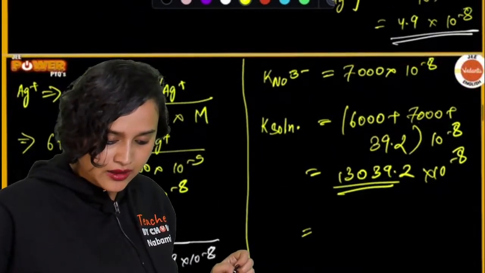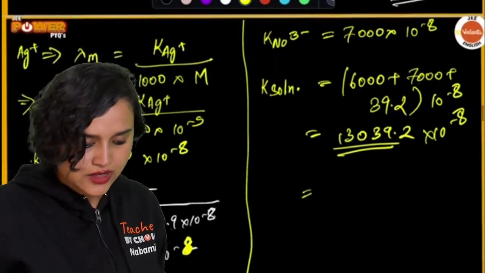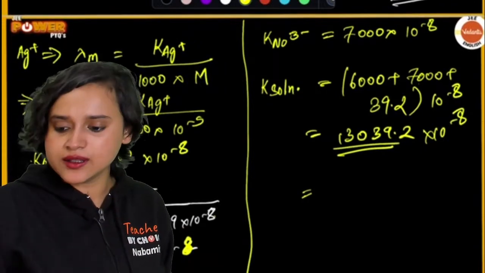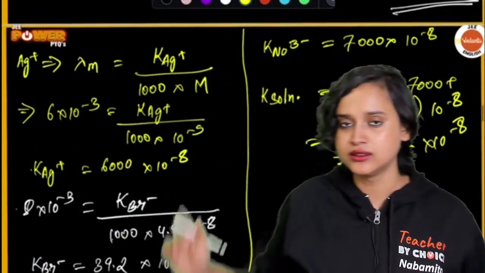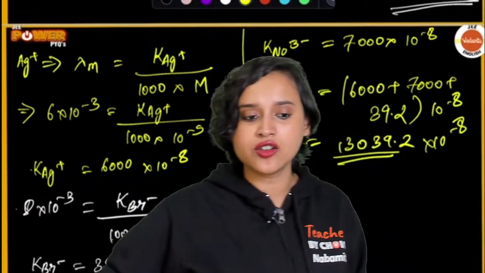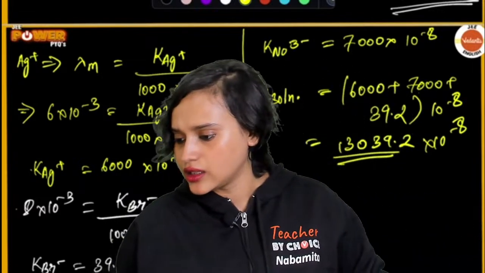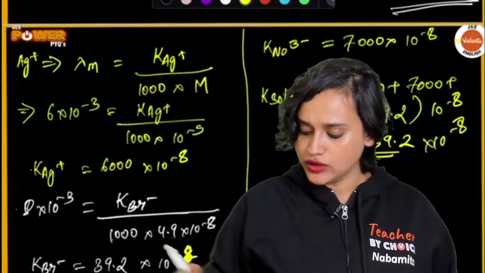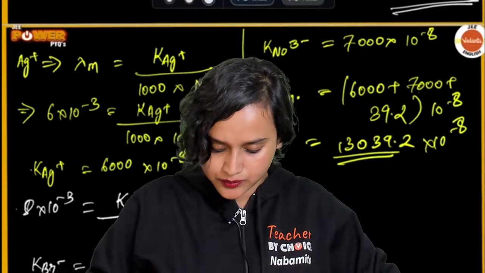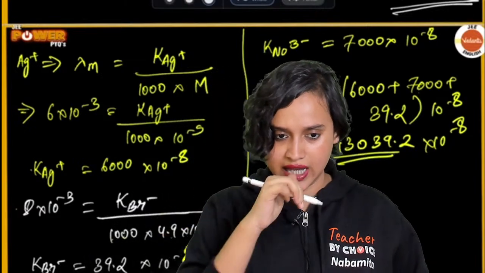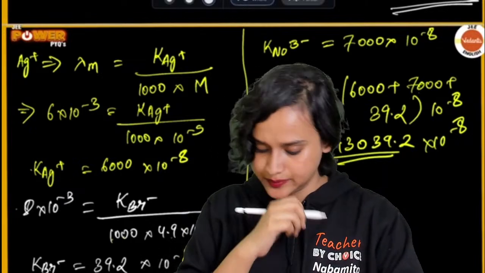Have I made a mistake? Where do you see the mistake? Check it out and tell me. K into 1000 divided by M. Wait, wait, wait. K into 1000 divided by M, right?